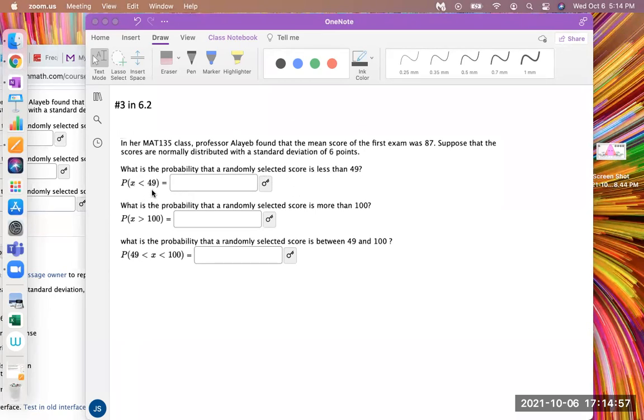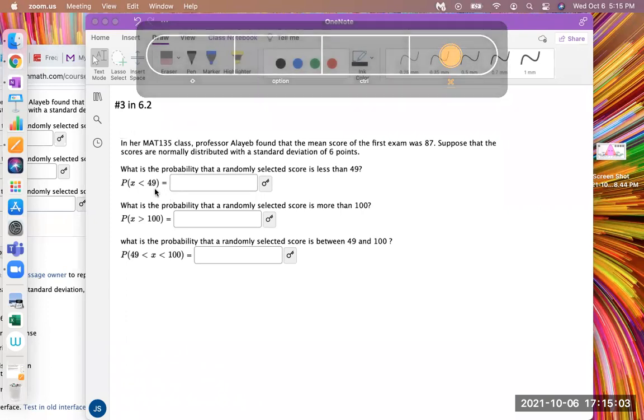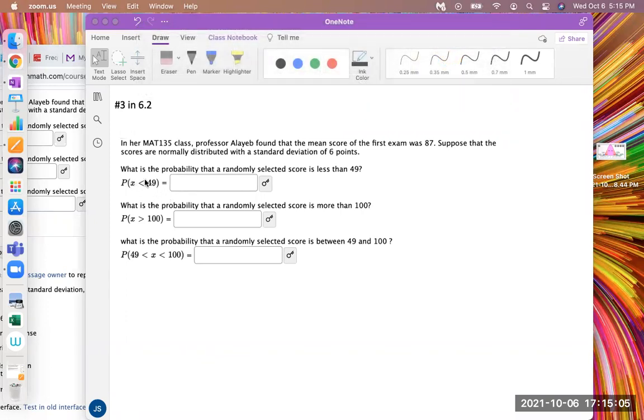And this is the notation that we would use to show it. The P stands for probability, and then they put in parentheses the event they're interested in. So the probability of the event that our value is less than 49, this X variable is a score.